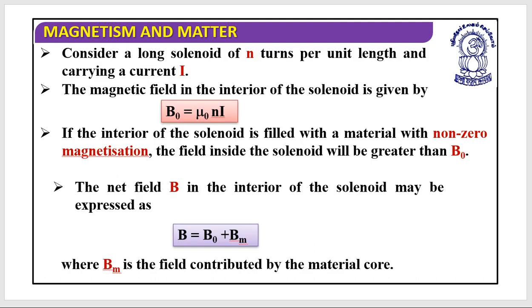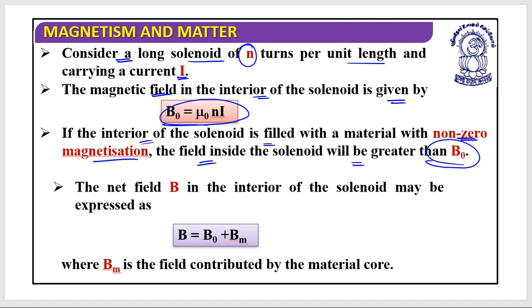Now consider a long solenoid of n turns per unit length that carries a current I. The magnetic field in the interior of the solenoid is B equals mu naught times nI. If the interior of the solenoid is filled with a material having a non-zero magnetization, then the field inside will be greater than B naught.